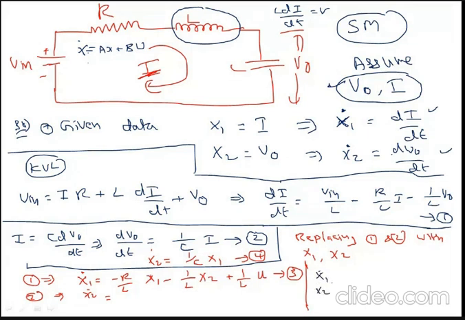X1 dot, x2 dot is equal to the matrix times x1, x2 plus this one into U. If you write those two equations, x1 dot is equal to minus R by L, minus 1 by L, and with U it is 1 by L, and for x2 dot it is 1 by C, 0 and 0. It is congested here, so I will write it again.